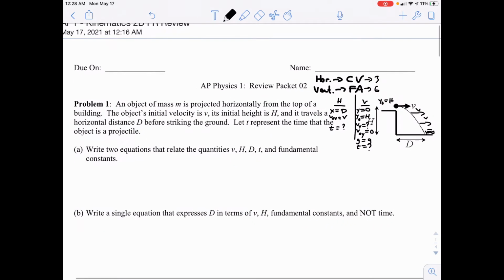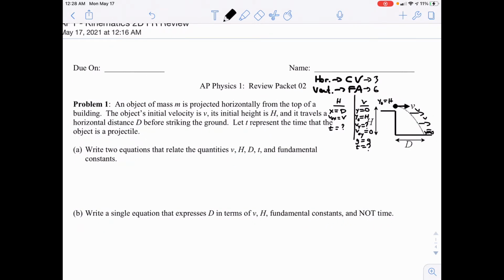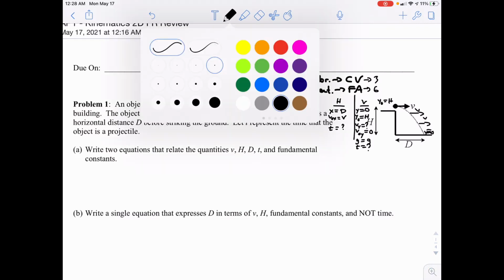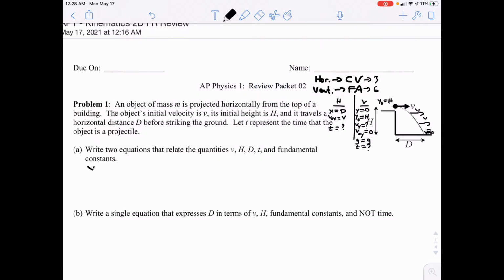So with that in mind, part A, write 2 equations that relate the quantities v, h, d, and t and fundamental constants. Fundamental constants, they're referring to g. Well, the one equation we could use would be y equals y naught plus v naught y t minus 1/2 g t squared.